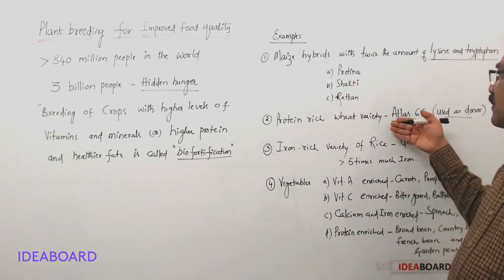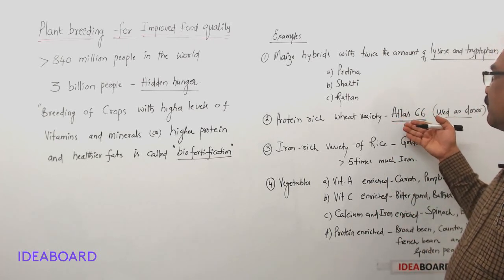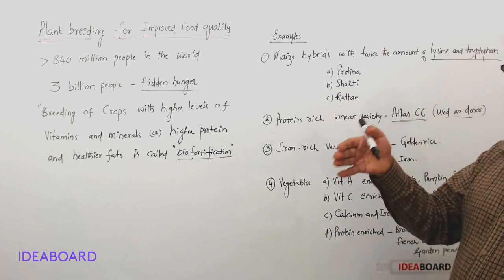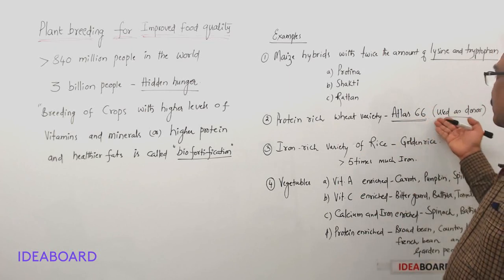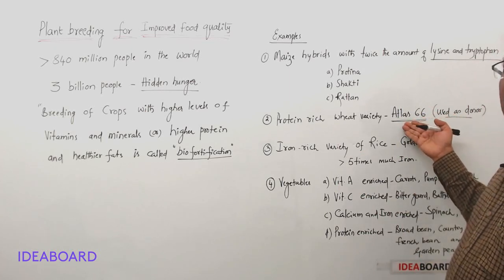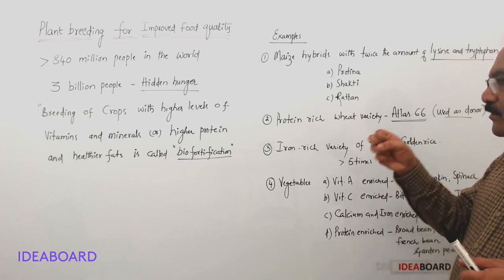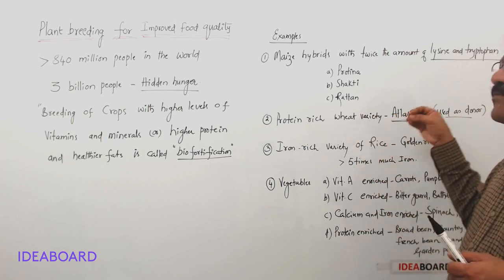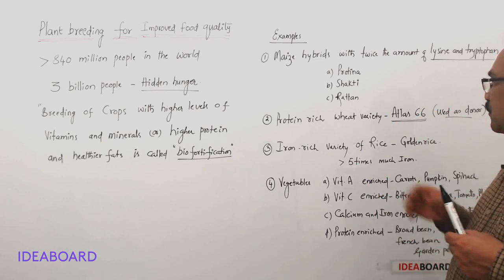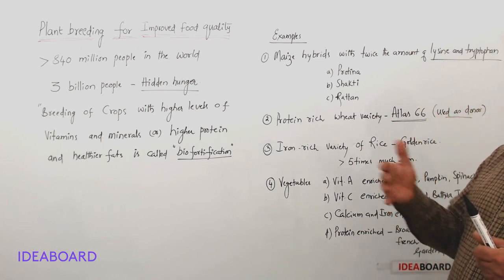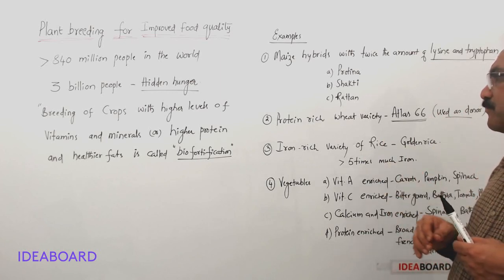This plant is cultivated only in the institutes, and whenever the plant breeder wants to develop a variety from the cultivated varieties, they make use of it as a male plant, and they use the pollen grains of this plant. So that's why it is used as a donor for developing improved varieties in plant breeding.